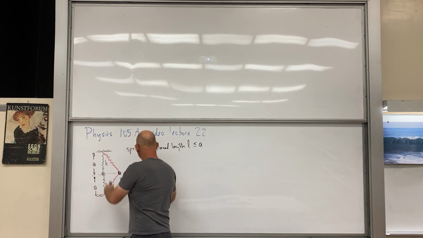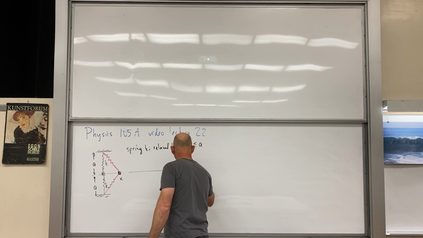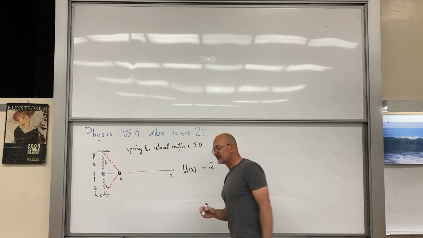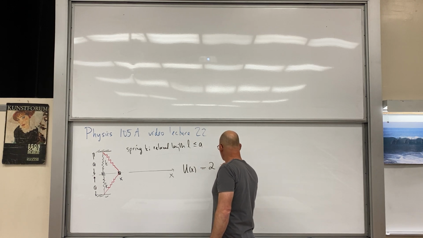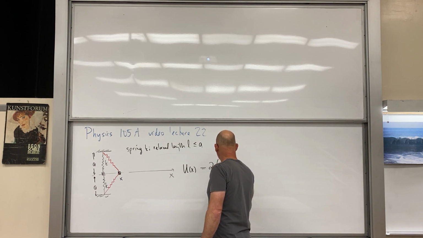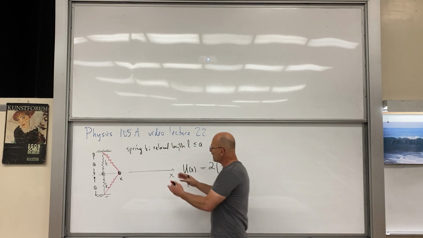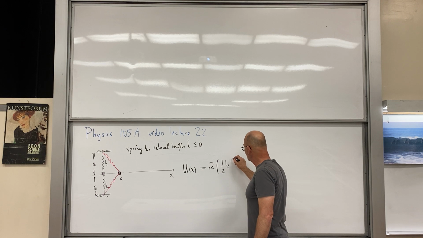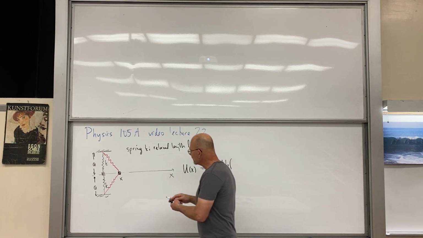This spring is stretched, so the potential energy, let's just construct it. There are 2 of these springs. I'm just going to multiply by 2. And then we have 1/2 K. And then how much this thing has been stretched. Okay. So it's been stretched. Do this all at once.